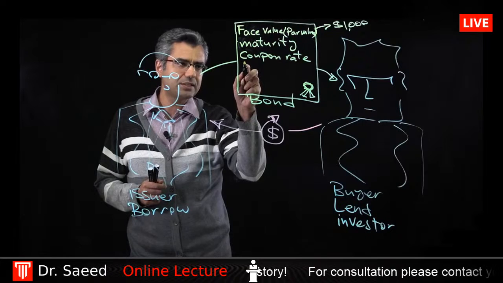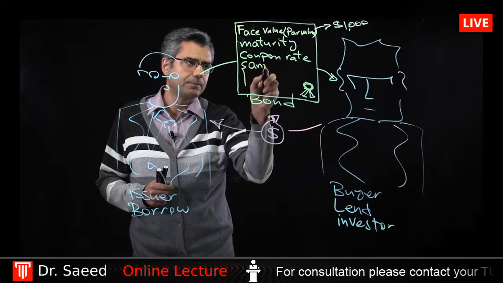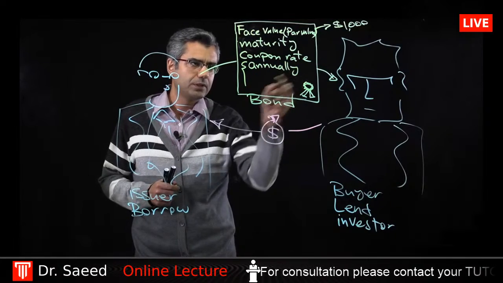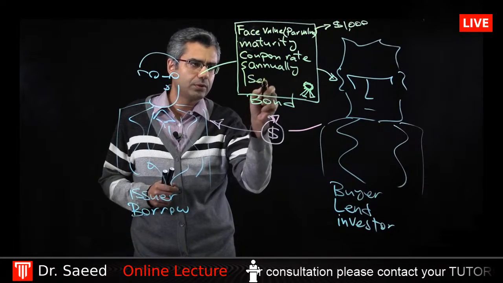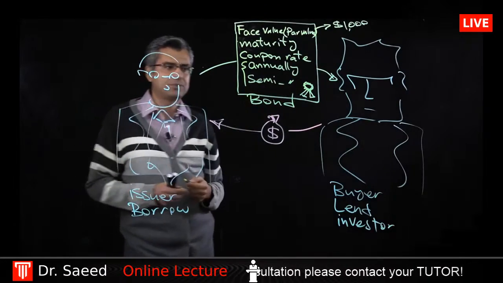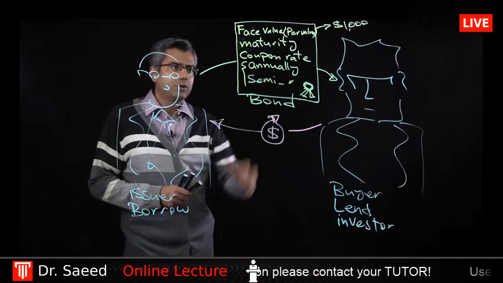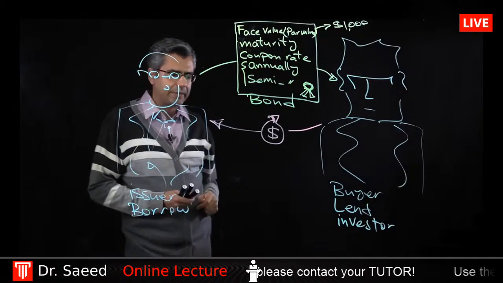In most cases, the payment can be per year or semi-annual. It means every 6 months, the payment of the coupon. So these will be mentioned on the contract.